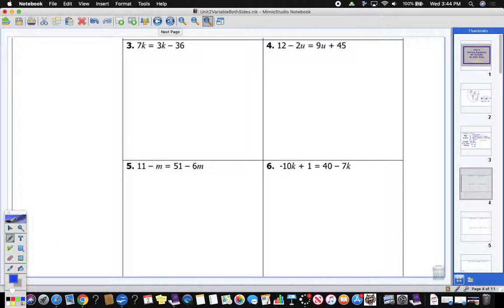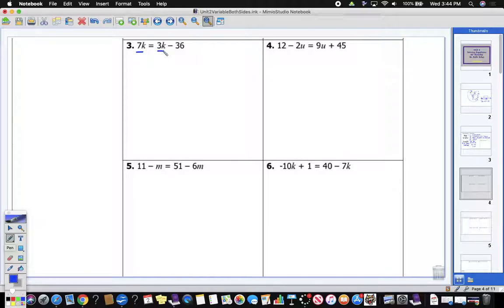In number 3, again, go through the progression of steps. There's not any parentheses, so we don't need to distribute. On the left side, there's not any like terms. On the right side, there's not any like terms that we can combine. So we go to the third step, which is get all those variables on one side. Let's pick on the small one.